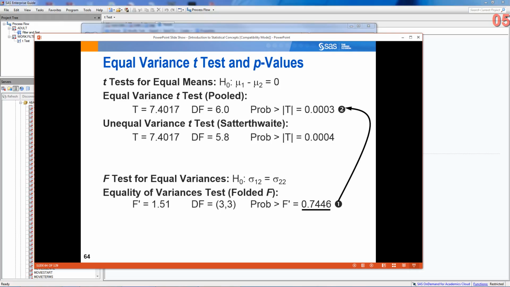what's called the equal variance pooled t-test, and we find that the t statistic computed for the hypothesis that the difference between the two means equals 0 has a p-value of 0.0003, which is much less than an alpha of 0.05.